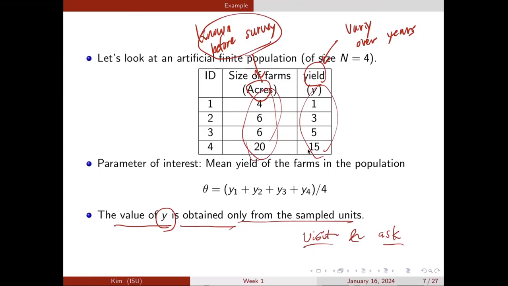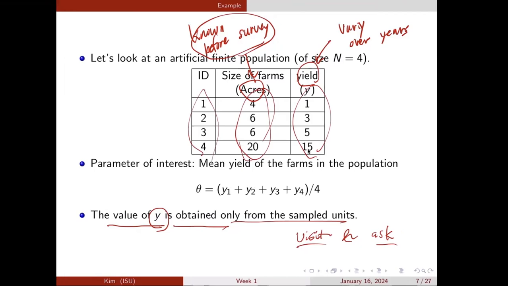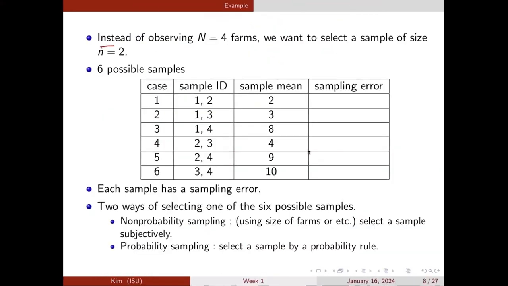Question is, in this case, we have 4 farms. Visiting 4 farms is usually no problem. But suppose, for some reason, instead of observing 4 farms, we want to select a sample of size 2.